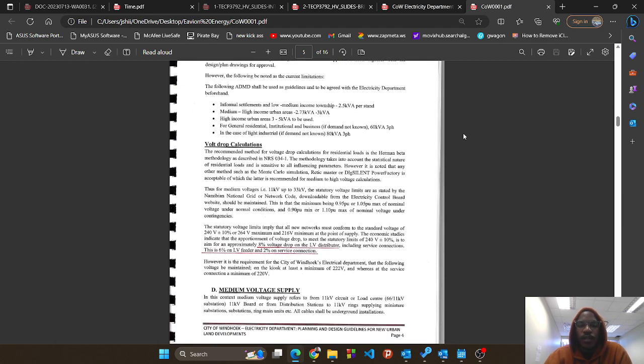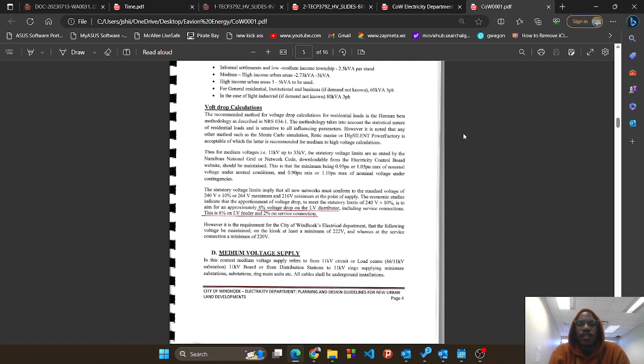So the voltage calculation, you just need to read through it, but the standard voltage for Namibia is 230, although they have labeled it here as 240 volts plus minus 10%, of which the 8% voltage drop should be on the low voltage distribution side, and the 2% should be on the service connection.